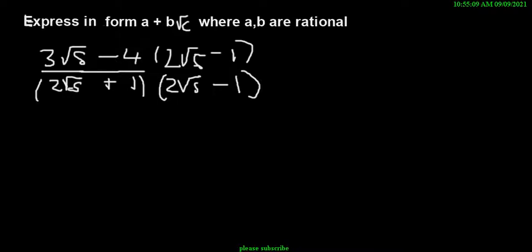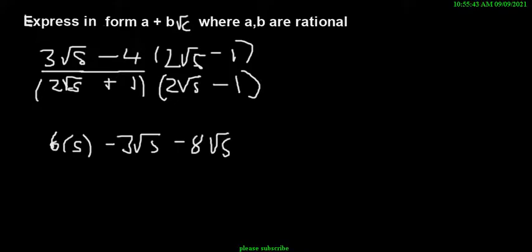So 3 root of 5 times 2 root of 5 is going to be 6 times 5, because the roots cancel out. So 3 root of 5 times negative 1 is going to be negative 3 root of 5. Negative 4 times 2 root of 5 is going to be negative 8 root of 5.